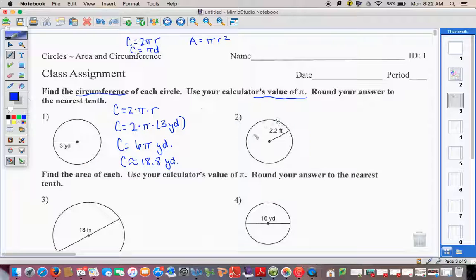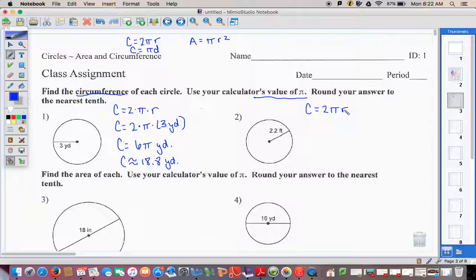If we look at this question here, circumference is equal to 2 times pi. Again, we're looking for the circumference of a circle whose radius is 2 2/10 feet. We would simply use that same formula, circumference is equal to 2 pi r, and then substitute 2 2/10 in for your radius, and you will get an answer.